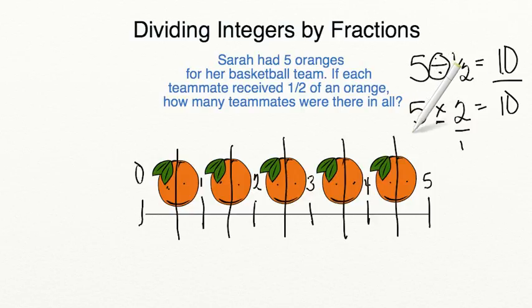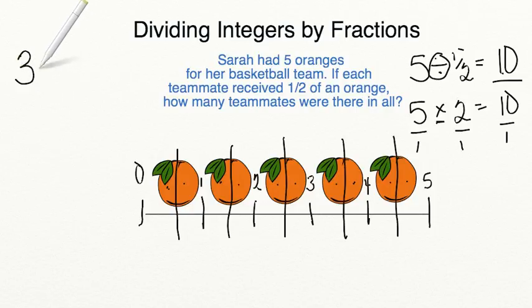And 5 is the same as 5 wholes. 5 times 2 equals 10, 1 times 1 equals 1, and we know that 10 over 1 is equal to 10 wholes. So when you're dividing by fractions, you can actually do the inverse operation and flip your fraction over to equal your answer.